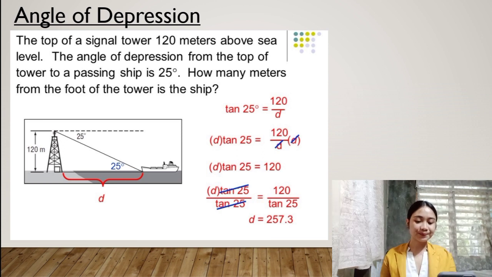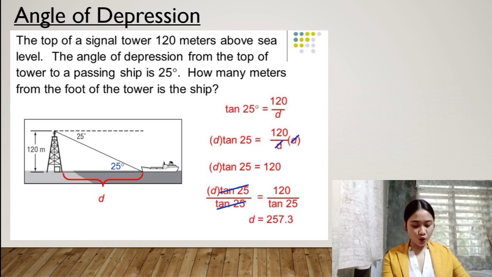Again, we multiply both sides and it cancels out. What remains is distance multiplied by tangent 25 is equal to 120. Then, to cancel out tan 25 and leave only the distance, we divide both sides by tangent 25. So the distance is equal to 120 over tangent 25.